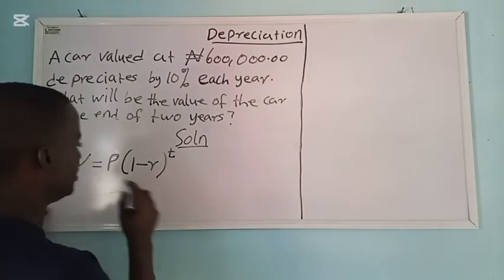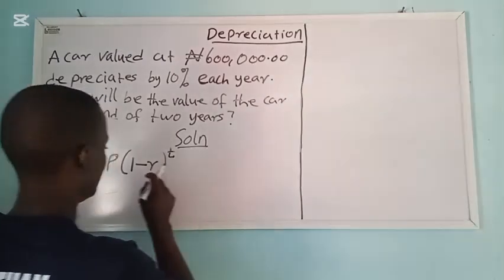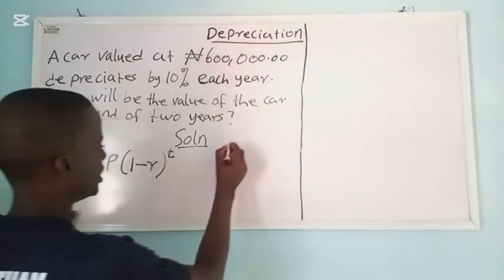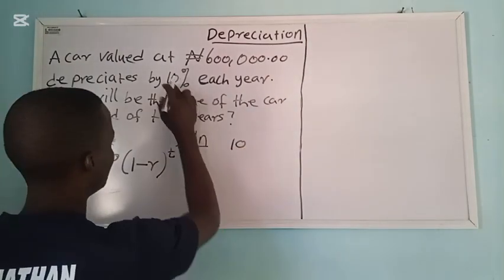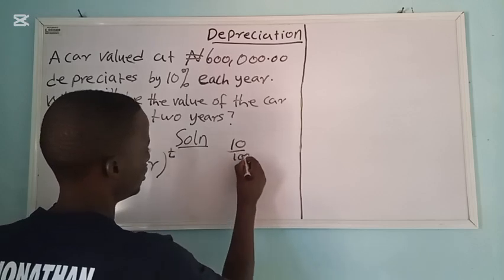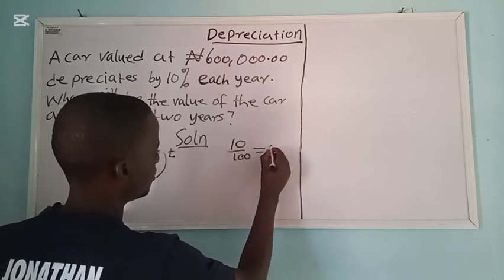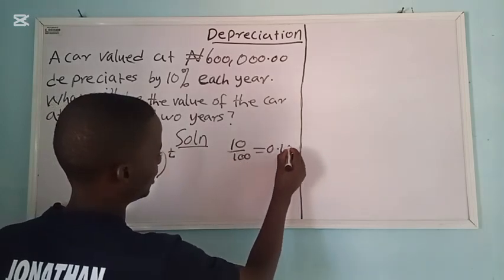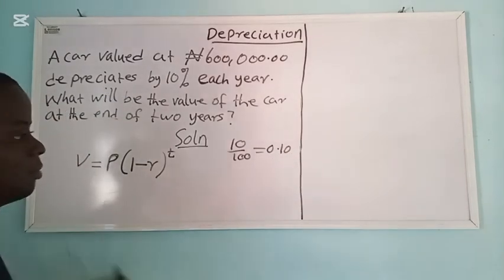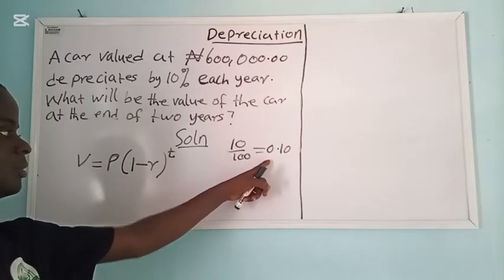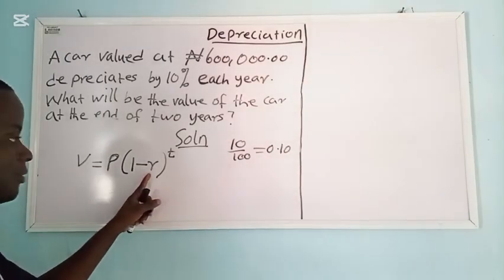So what you will do here is that for us to get this one, you will set this 10% divided by 100. So you will have 0.1. You can add 0 if you wish, but you will get this one. So now this is what you will use here.